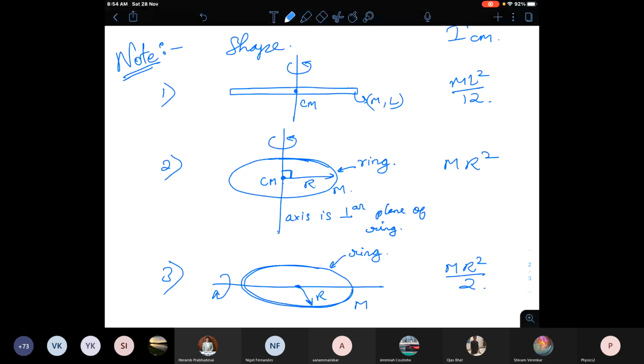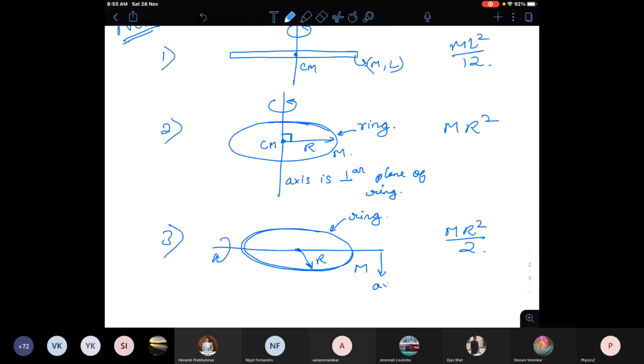You can imagine that if you see a cycle wheel, and if you insert a rod through its center, that axis is the axis which we are talking about. In the third diagram which I have drawn, the axis is in the plane of the ring.